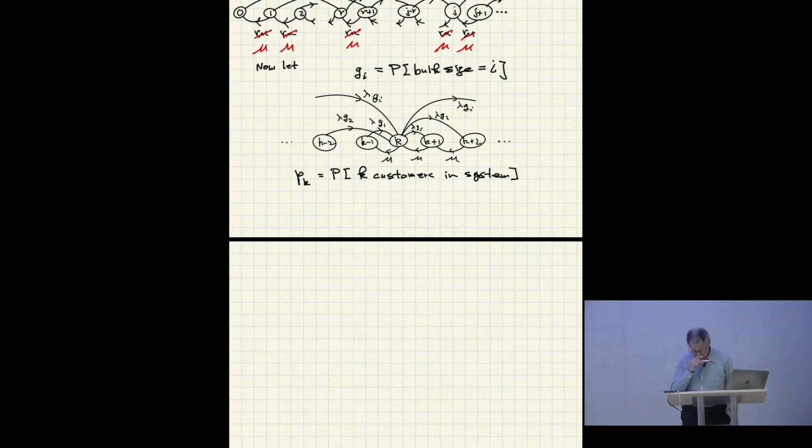I showed you only state K, and for state K, we notice when an arrival comes in, with probability G1, you add one more, so you go from here to here. With probability G2, you go up 2, etc. So these are all the ways out.